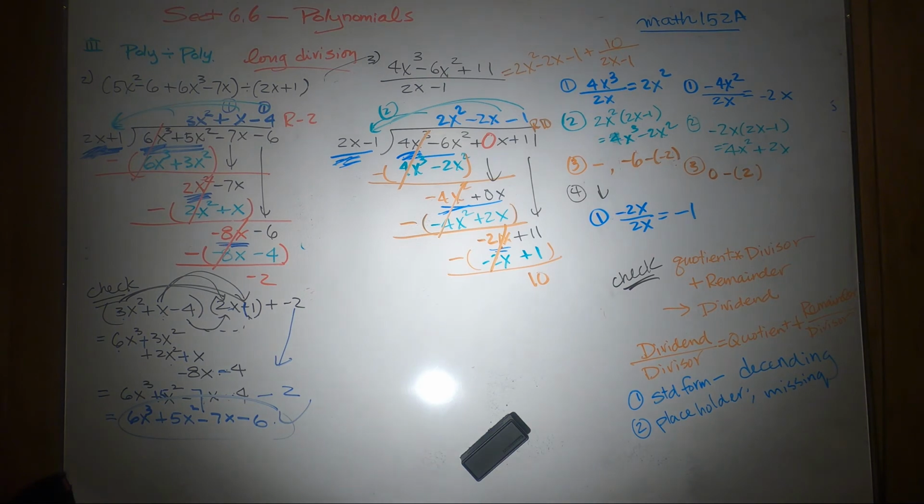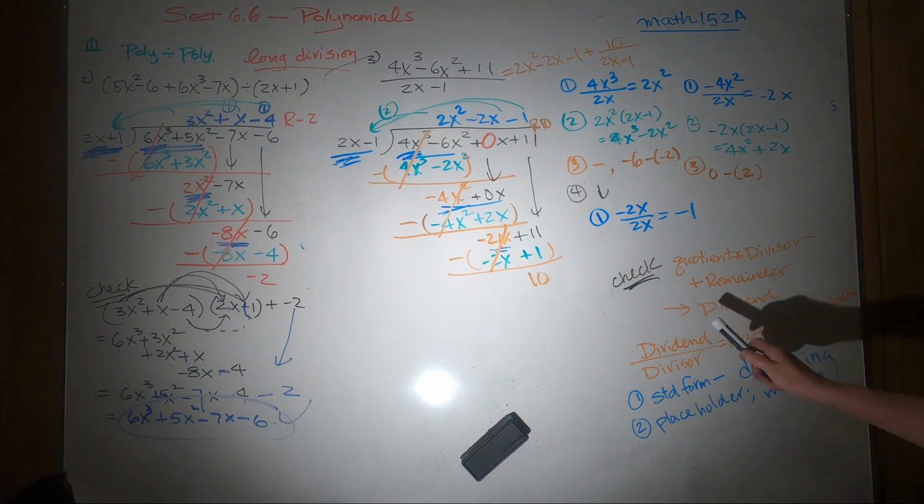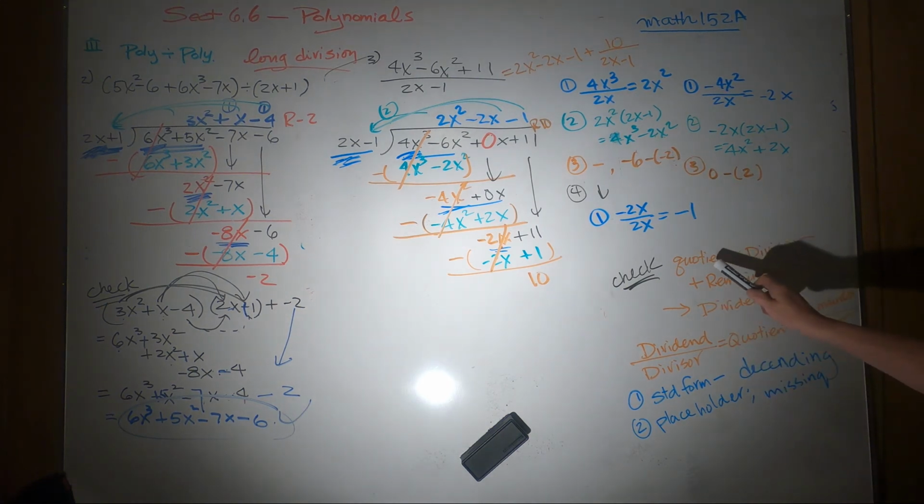Then, how do you know you are doing it right? You need to check. So, to check, what do we do? Quotient times divisor plus remainder. See, you can get back.